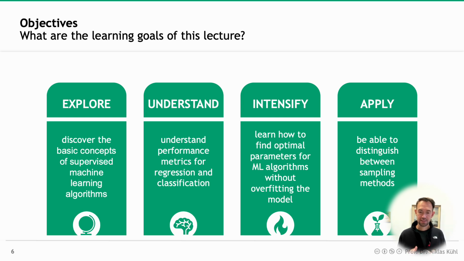We'll get into that in a second, but overfitting means that you learn basically the data by heart, and that's nothing that we want, because then our model will not work well in the real world. And then finally, I want you to be able to distinguish between different sampling methods. Now, we did cover sampling already last week. Now, the goal is a different one, right? Before it was about selecting a relevant subset. Now it's mostly about countering imbalance, but we'll get to that in a second as well.